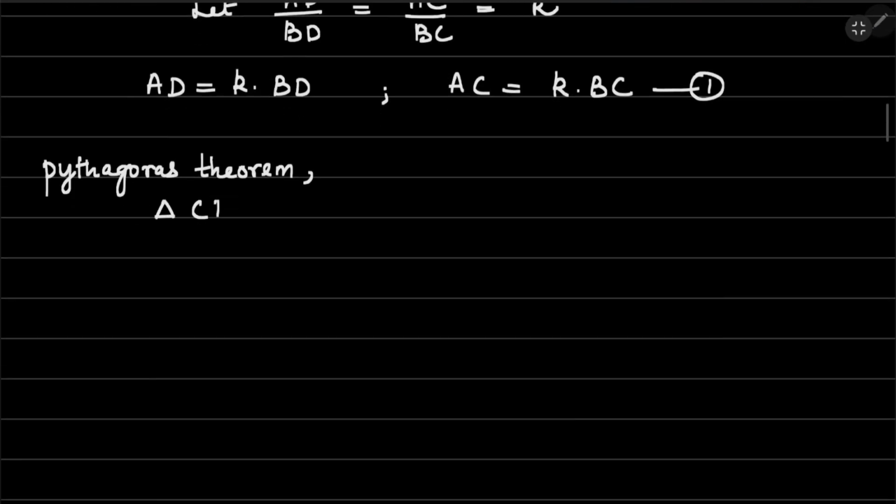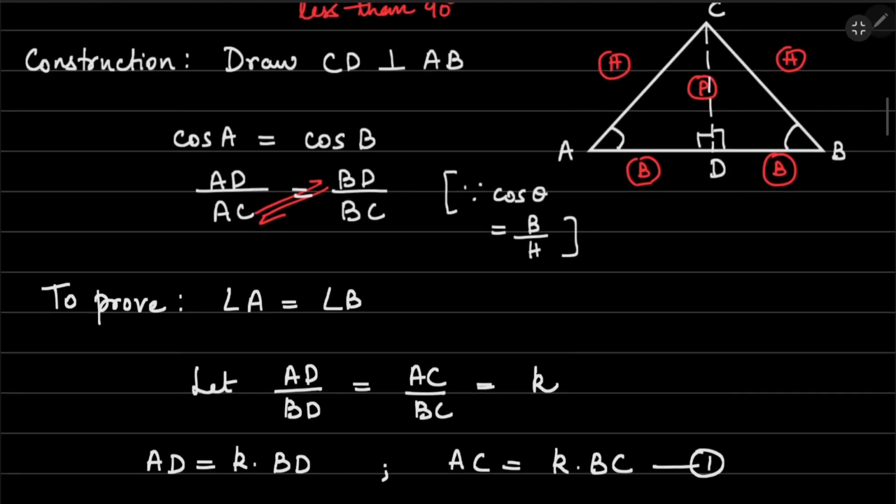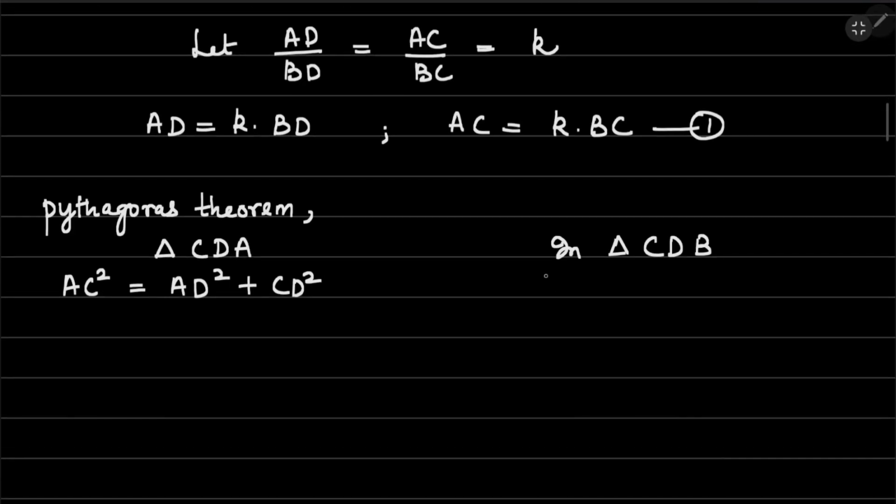So in triangle CDA, hypotenuse AC square is equal to AD square plus CD square. This is your first triangle, right? In triangle CDB, BC square, hypotenuse square, is equal to CD square plus BD square.